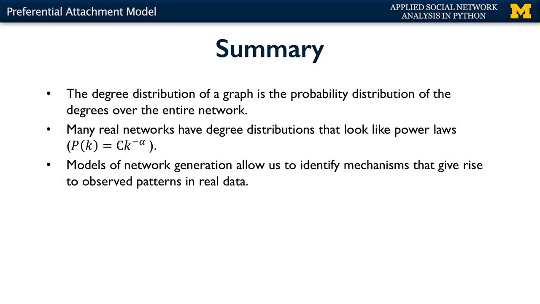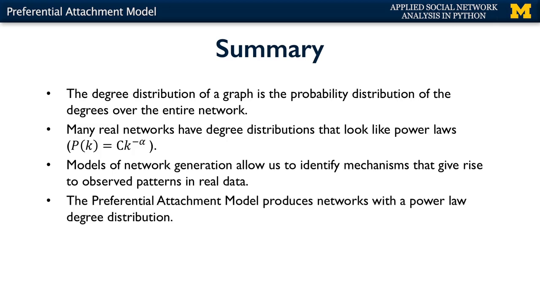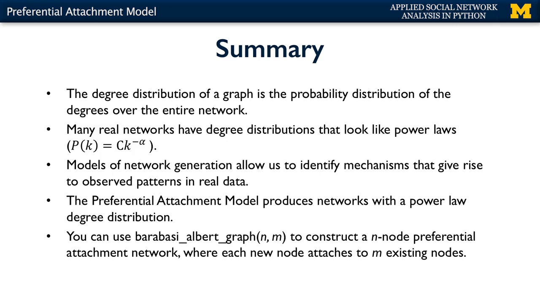So in this case, we observed that many real networks tend to have this power law degree distribution. And then we covered a model that gives rise to this particular property, which allows us to have some insight about the kinds of things that could be giving rise to these properties in real networks. And in this case, this was the preferential attachment model that produces these networks with power law degree distribution. And in NetworkX, you can use this function Barabasi-Albert graph to construct networks that have n nodes and where every single node attaches to m existing nodes following the preferential attachment model.